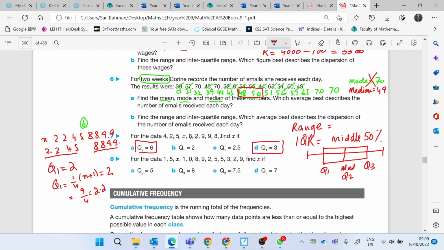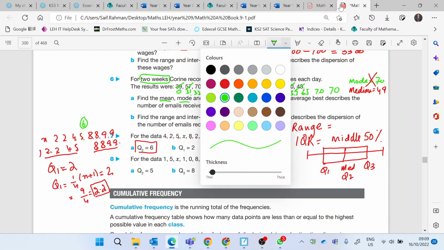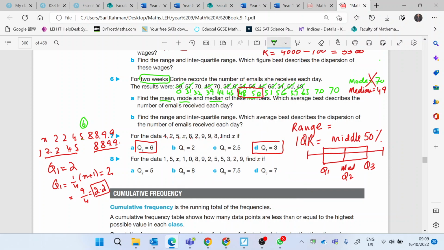If x is equal to 1 here, then you see the average of 2 and 3. If x is 1, the average of the two numbers is definitely 2.